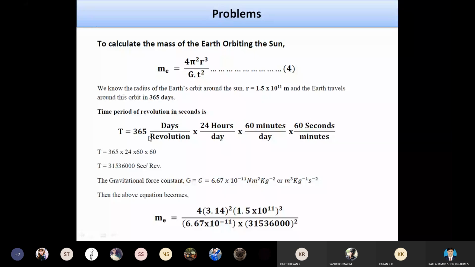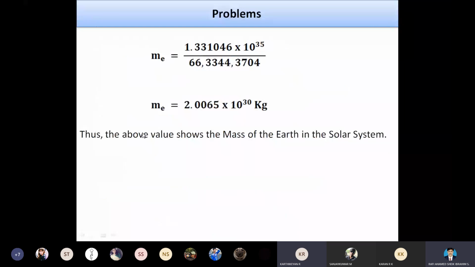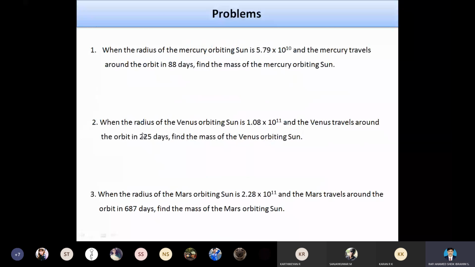The only thing is here we are using 365 days. In the first case study, we gave 88 days for Mercury, for the second, 225 days for Venus, and for Mars, 687 days.